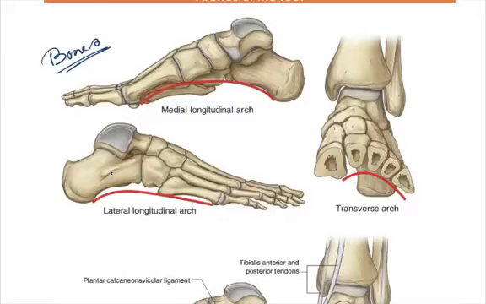What are the cuneiforms you are going to have? The 3 cuneiforms. First is the calcaneus, and you can also think about the talus, because it will be arched like this. So the calcaneus, the talus, the 3 cuneiforms. What are the 3 cuneiforms? Medial, intermediate, and lateral.